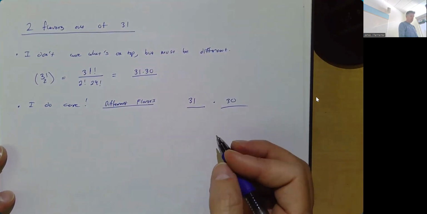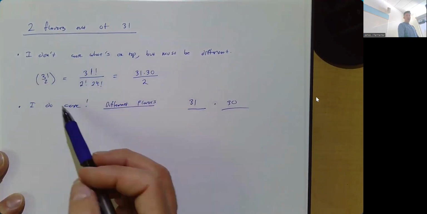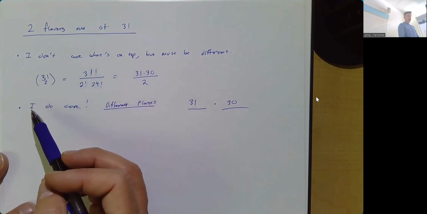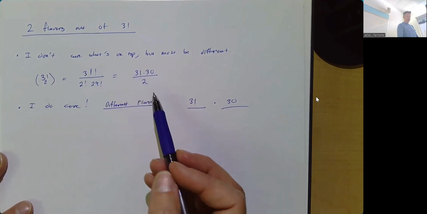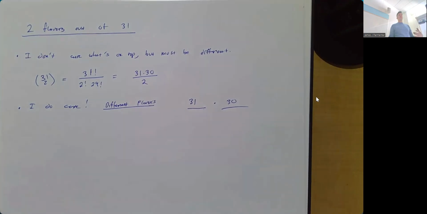But 2 factorial is just 2. Oh, look. This number here of combinations of two flavors is half as many ways as just the permutations of two flavors. There will almost always be more permutations of some things than combinations of some things, because with permutations we care about which order you place them in, whereas with combinations, we don't.